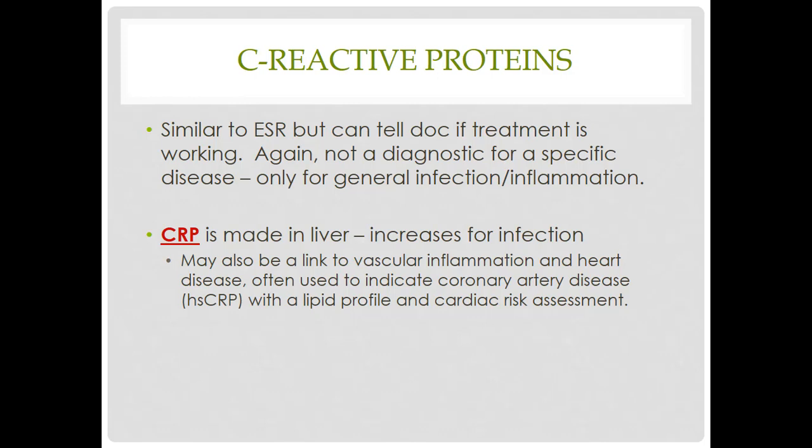So CRP isn't conclusive on its own. It has to be done with the cardiac risk assessment and the lipid profile. CRP on its own is just saying, yep, there's something going on in your body that you're fighting. We don't know what it is.